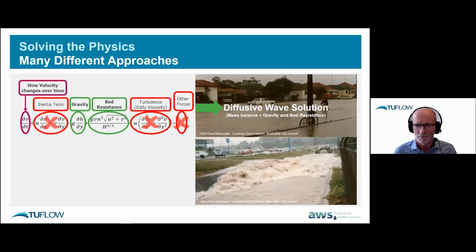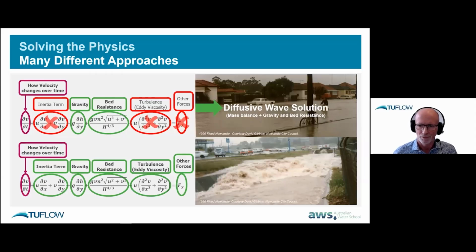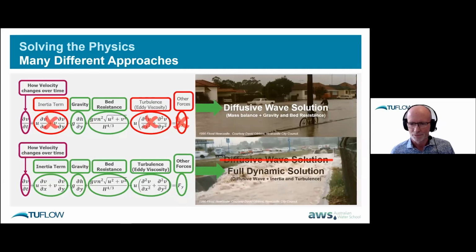So that's what we have for that top diagram. But if you move into the bottom diagram space, you really do need all those terms in the momentum equation and potentially other forces as well. So the diffusive wave solution just is not the place to be. You need to be in a full dynamic solution if that is what you're trying to model.